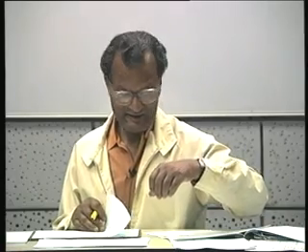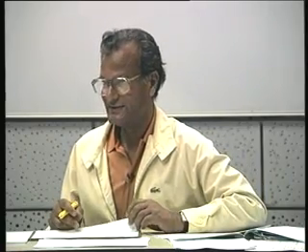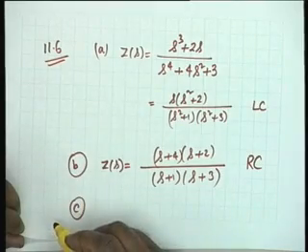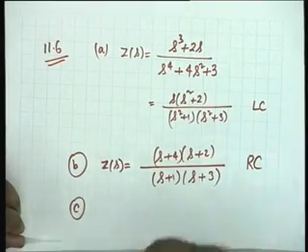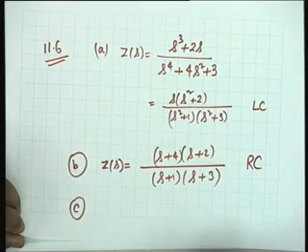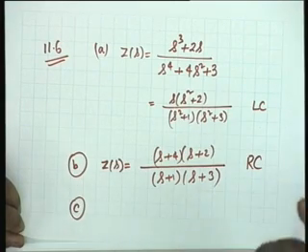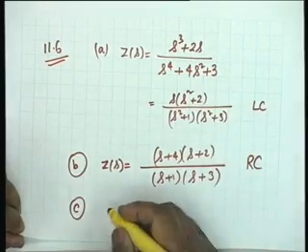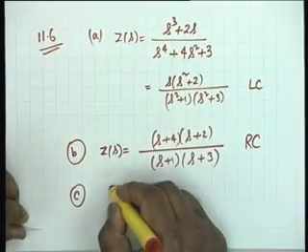Part C is simply the reciprocal of this, and you shall see later that it is RL. The RL impedance has exactly the property of an RC admittance. Let me put it down here to be shown.